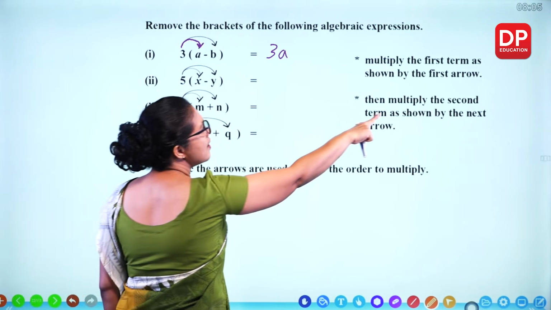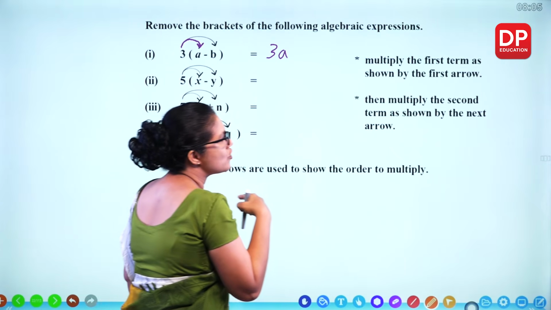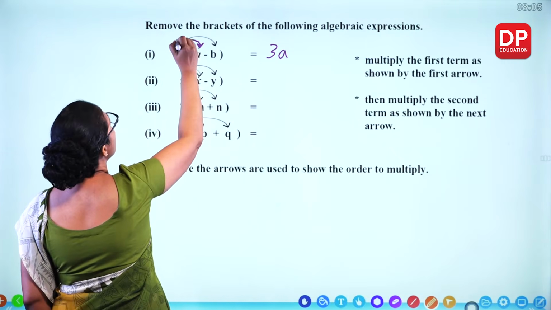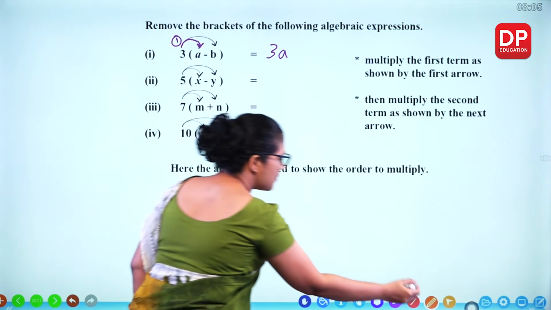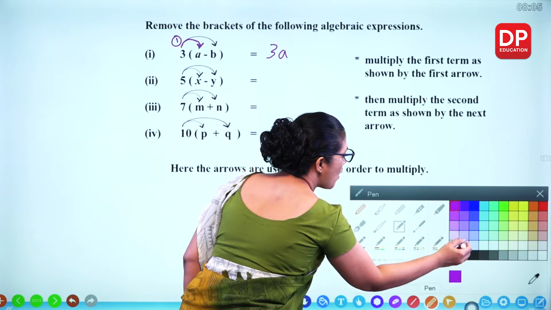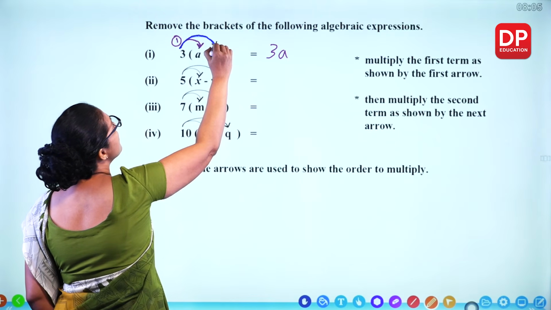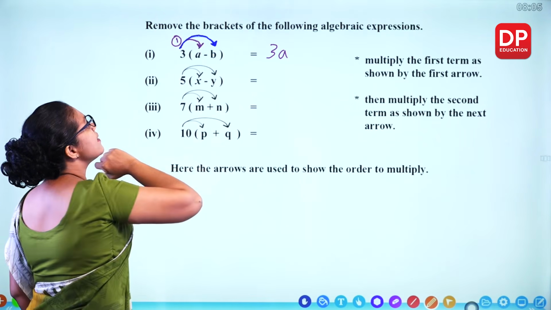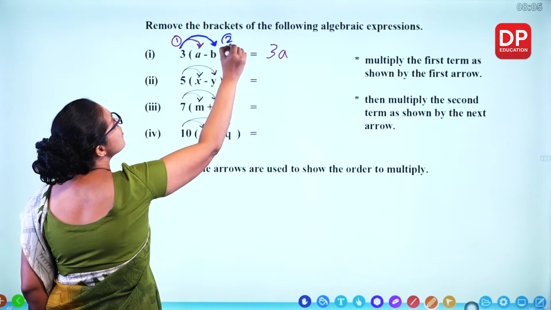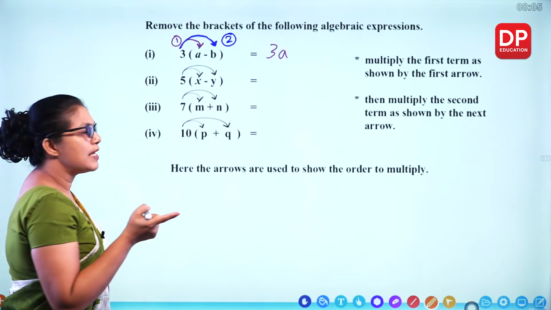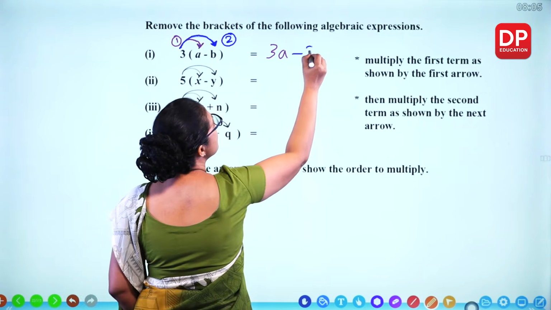And then multiply the second term as shown by the second arrow. I'll put numbers. This is 1, red 1. Pink one is 1 and the other color I'll take blue. So this one, multiply this one, that's 2. 3 times minus b, minus 3b.